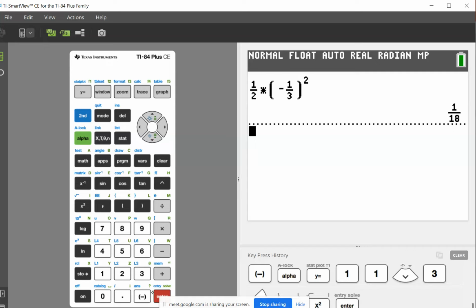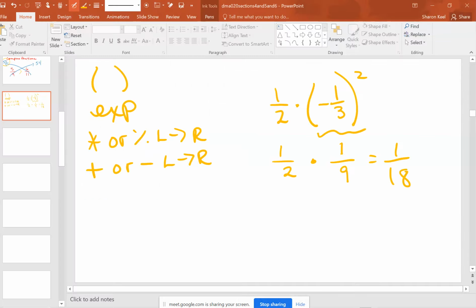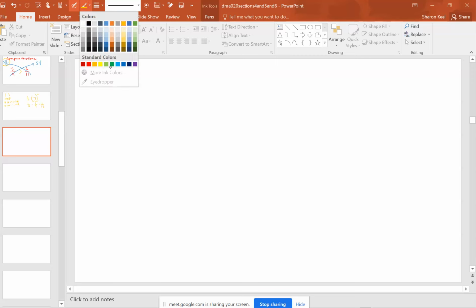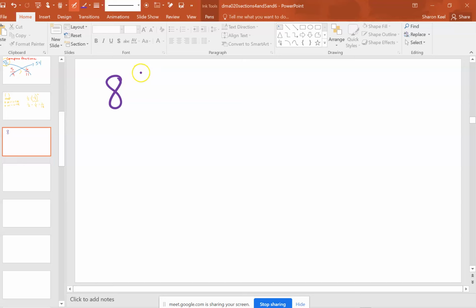The last thing that we're going to look at in section 6 is how to write improper fractions and mixed numbers, how to interchange and go from one to the other. So let me first start with 8 and 5/9.